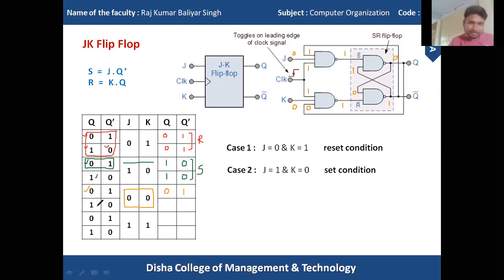Okay, let's change the values of q and q naught and see what the value is here. When we say q equals 1 and q naught equals 0, this q naught is replaced with 0 because q naught equals 0, and this one is replaced with 1, and all the remaining values are the same on the input side.